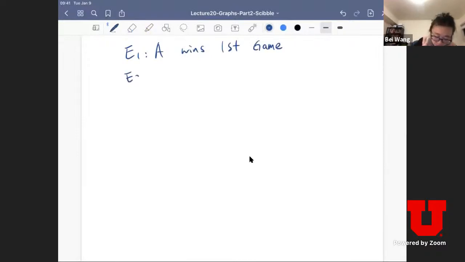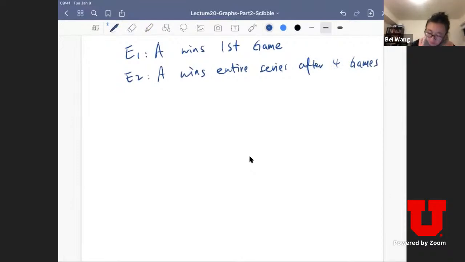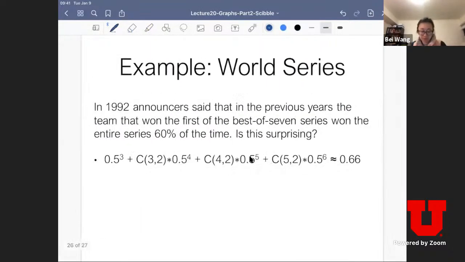Event 2 is A wins the entire series after 4 games. And later we're going to ask for the conditional probability after 5 games, after 6 games, and after 7 games. Let's do one at a time. The probability of E2 given E1 is exactly the statement.